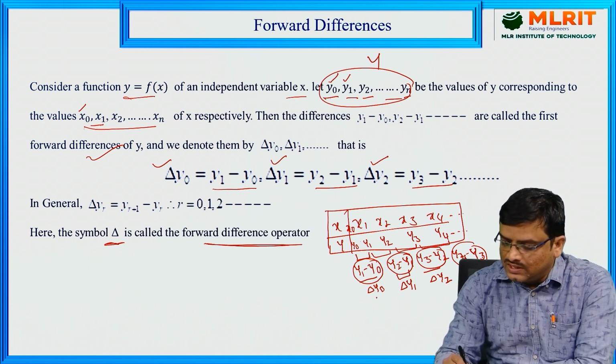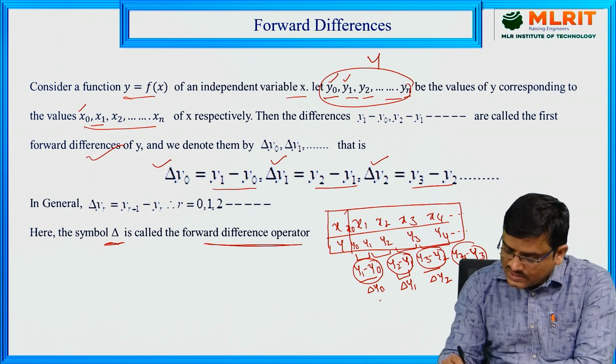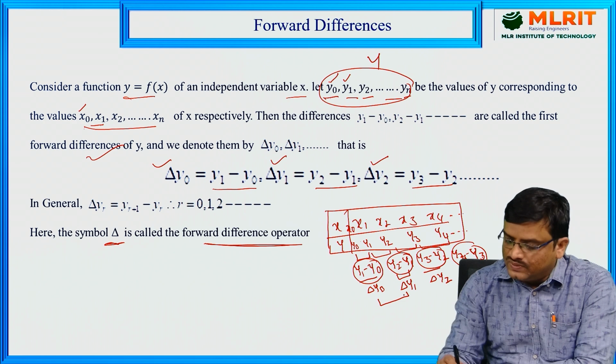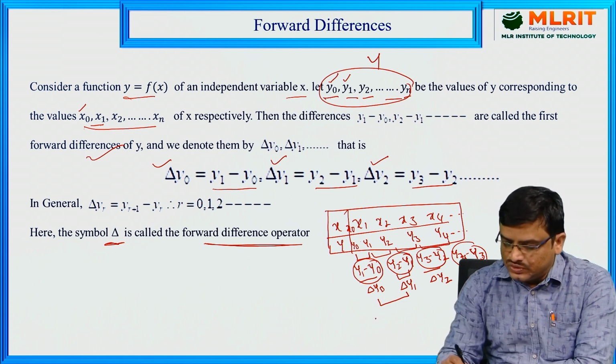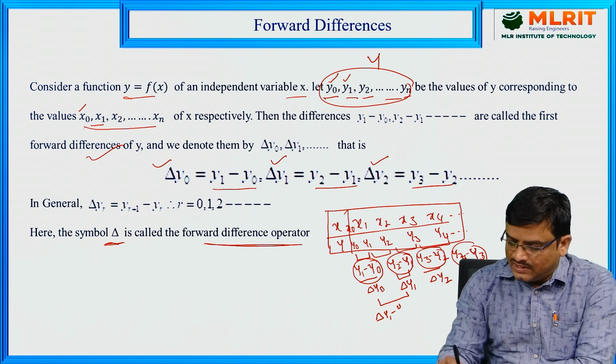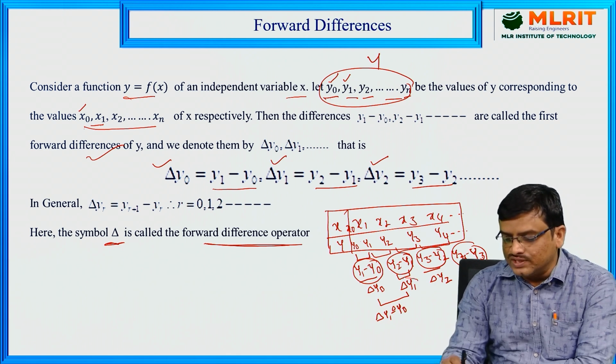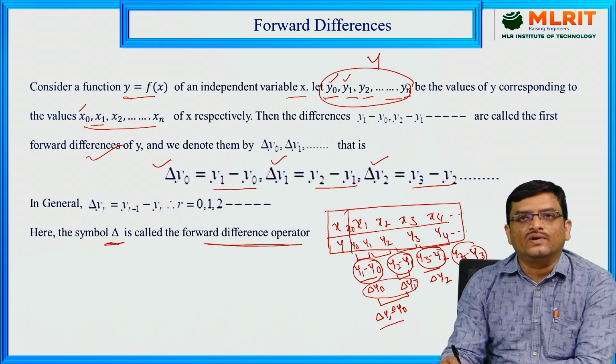These are the differences of the y values. Now once again find the difference of these resultant values: delta y1 minus delta y0. The differences of the first forward differences we call the second forward differences of the y values.